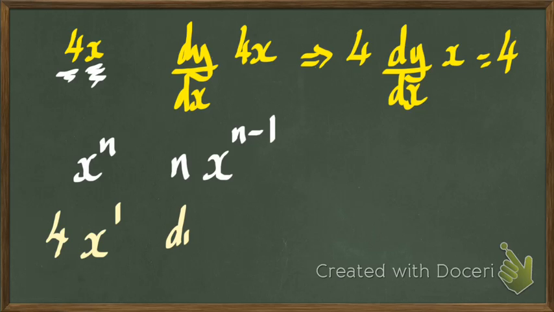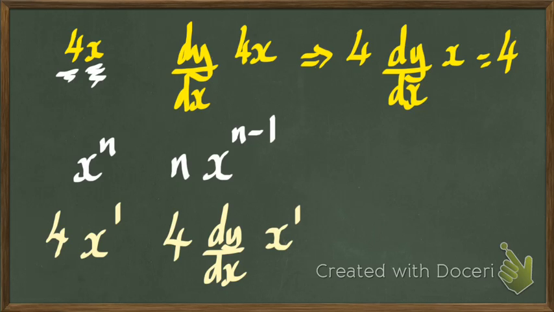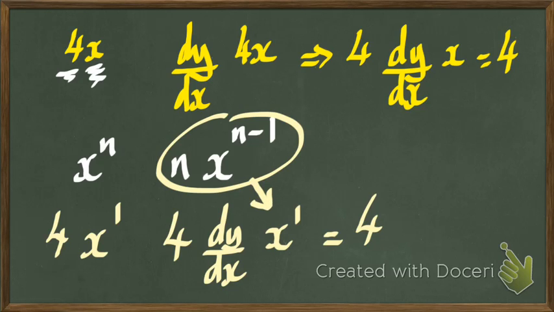So when I take the differential of 4x to the power of 1, I can bring the 4 out the front, and I'm left with x to the 1. The coefficient that I shoved out the front remains the same. Now I'm going to apply this: I have x to the 1 minus 1.